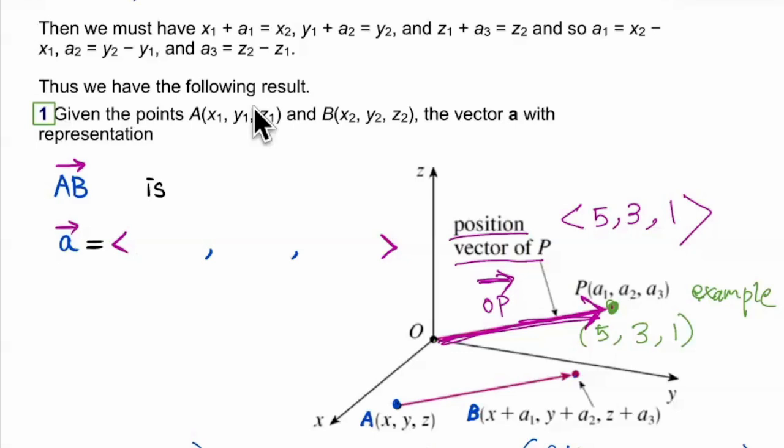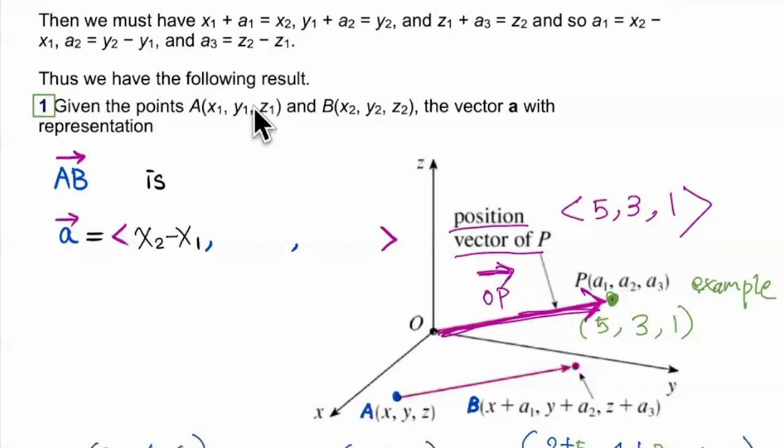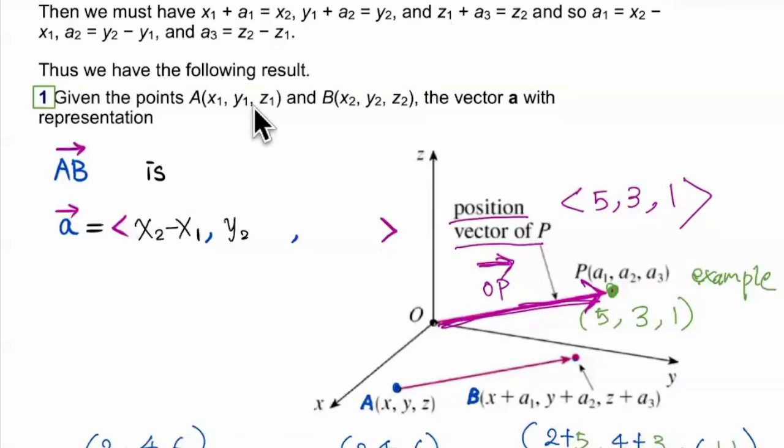What do you do with the components, with the coordinates? Plus or minus? Yeah, minus. X2 minus x1. You got it. Good job. That should be subtracting x2 minus x1, and then y2 minus y1, and then z2 minus z1, right?